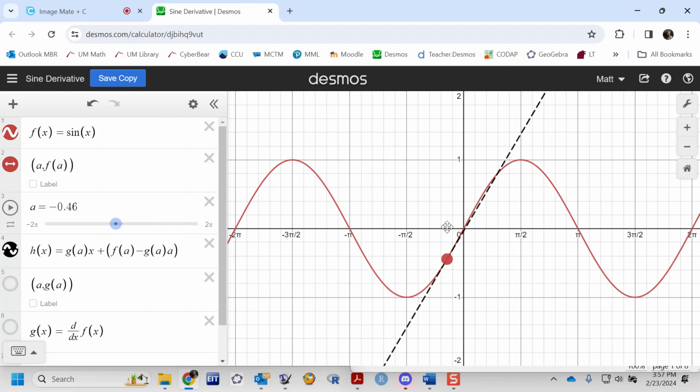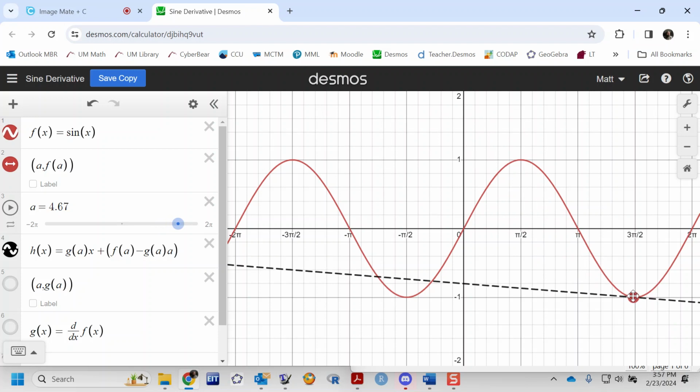So again, just to sketch it out: positive, decreasing to 0, negative, decreasing to a maximal negative value, and then increasing back to 0 here, and then increasing back to its positive maximal value there.